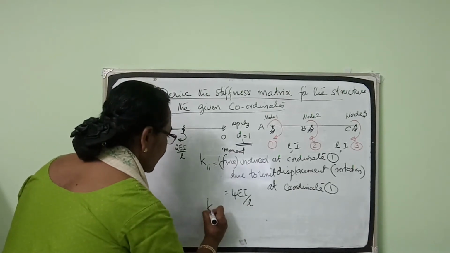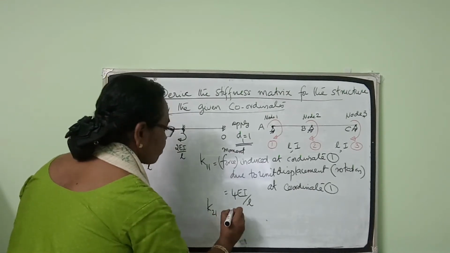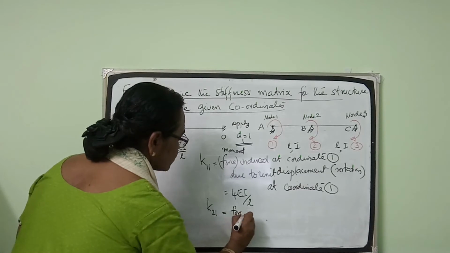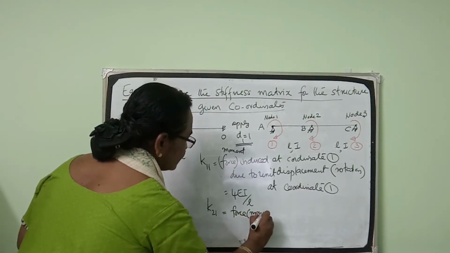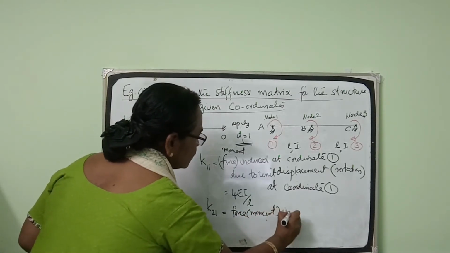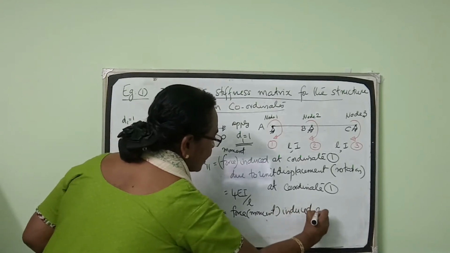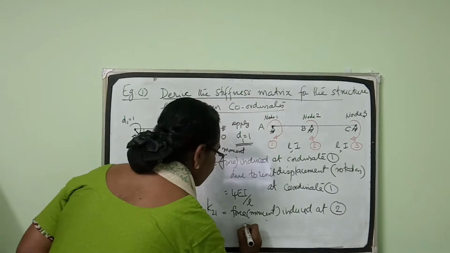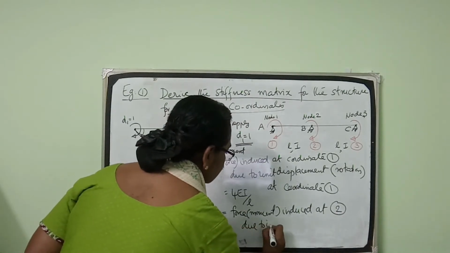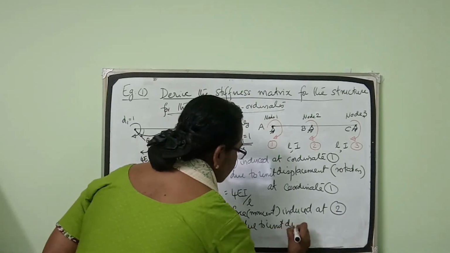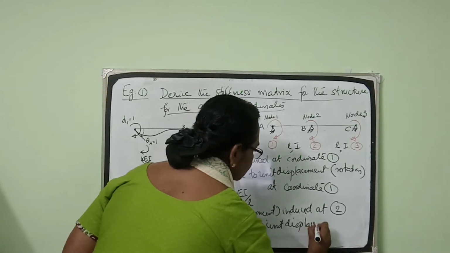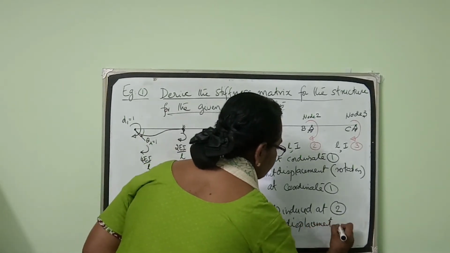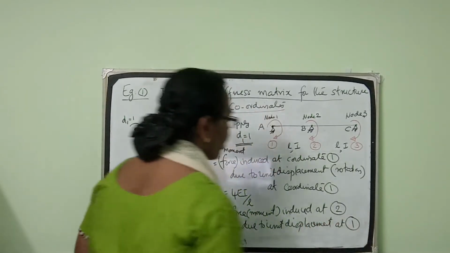Now K21 is force, here it is moment, induced at coordinate direction 2 due to unit displacement at coordinate direction 1.